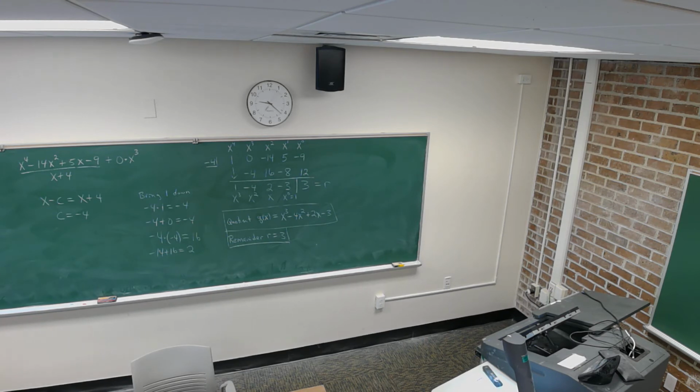That's what we have discovered, right? So this is f of x, which we often call the dividend. This is the divisor. So this is sort of a rehash from yesterday of terms. That's the divisor d of x. This is the quotient q of x.